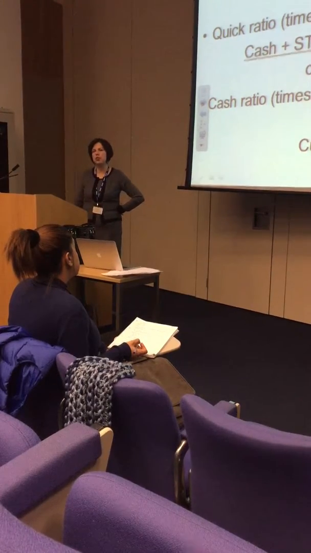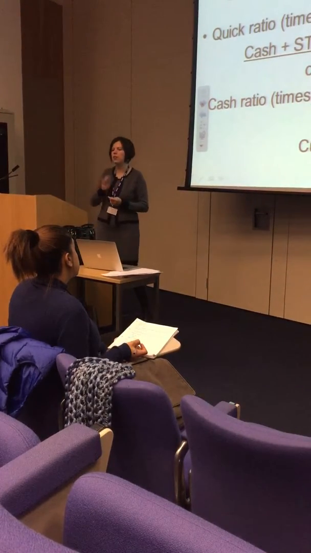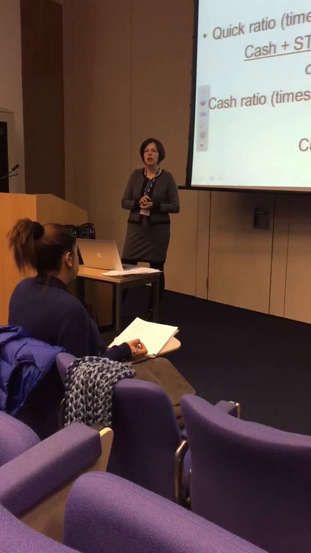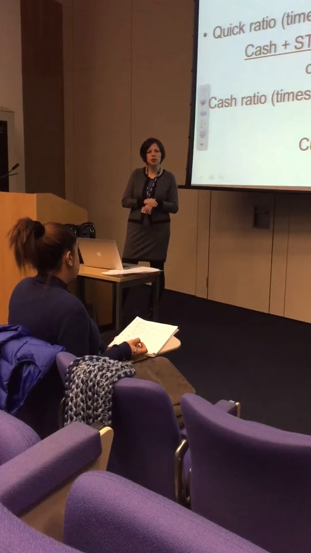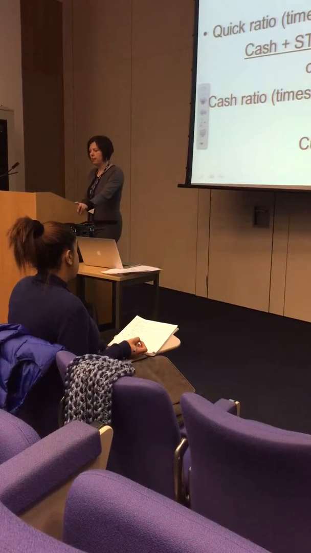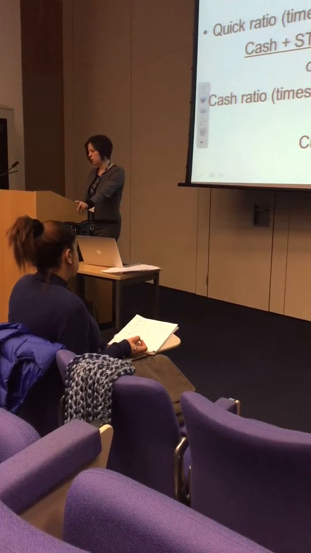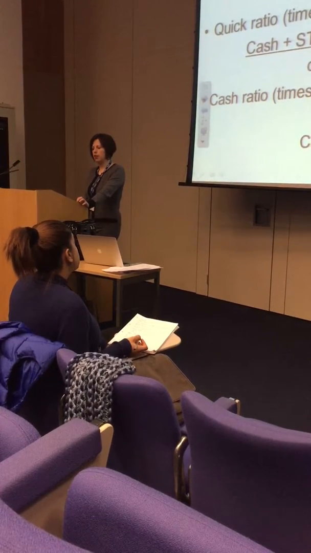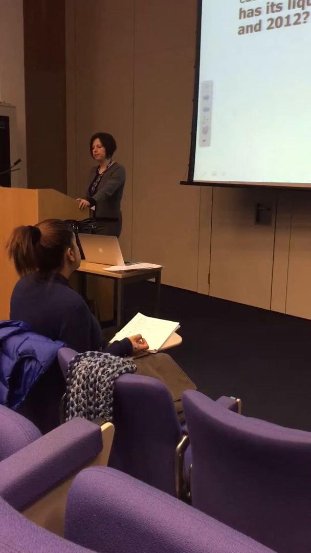The current ratio compares current assets to current liabilities. The quick ratio excludes inventory from current assets, and the cash ratio looks at how much cash we have in relation to the current liabilities.